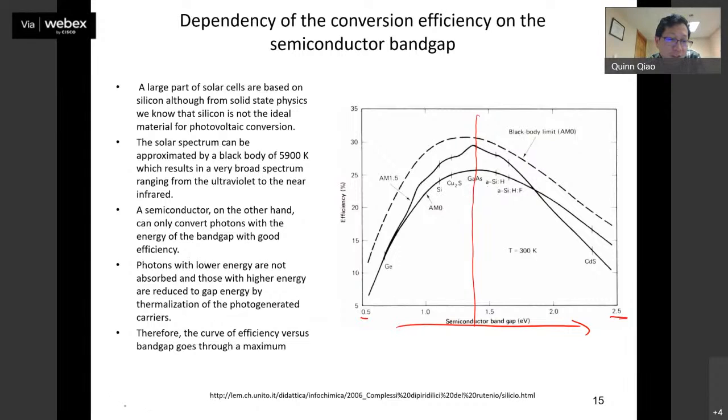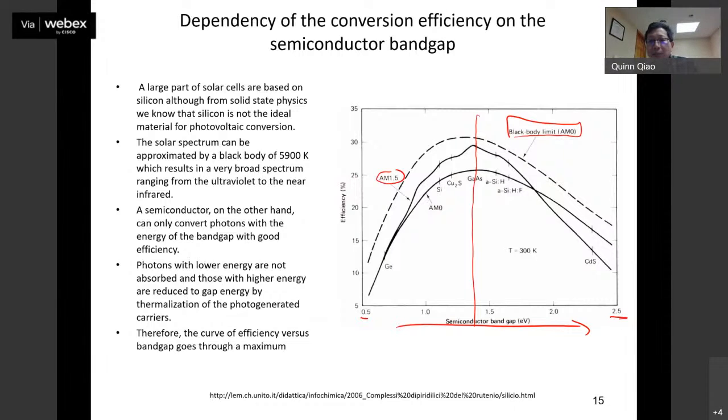You can see the efficiency is only one line here because this one is called the black body limit, AM0. So there are 3 plots here. These are all for efficiency, but what do we really care about? Only this line, AM1.5, because AM1.5 is the light intensity received on Earth's surface.